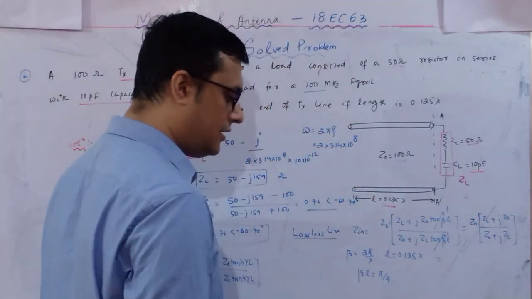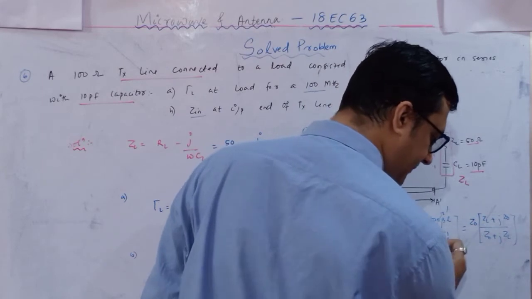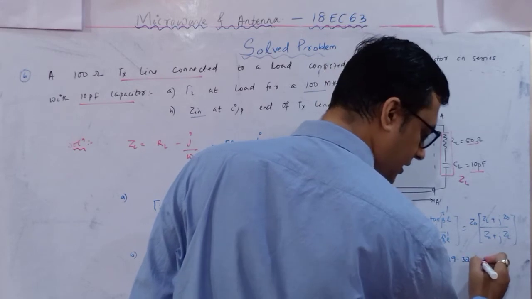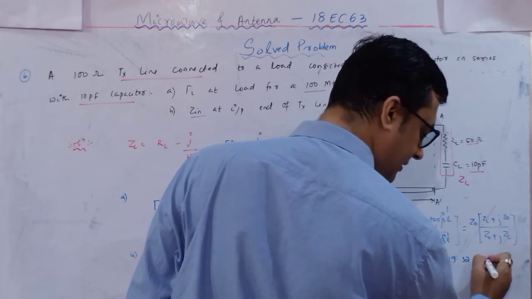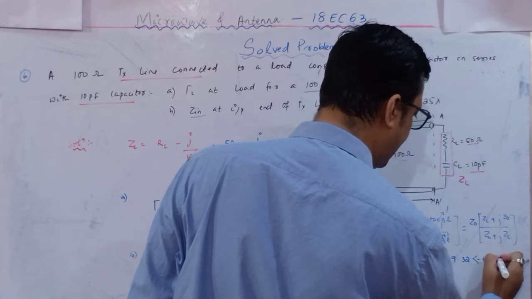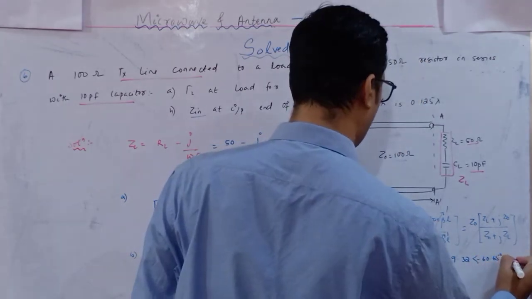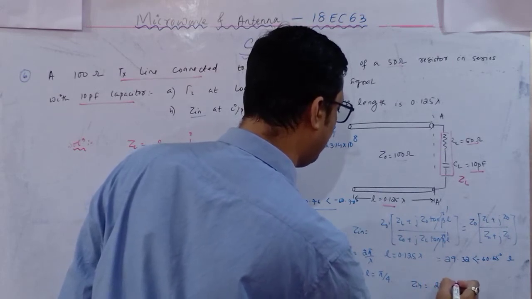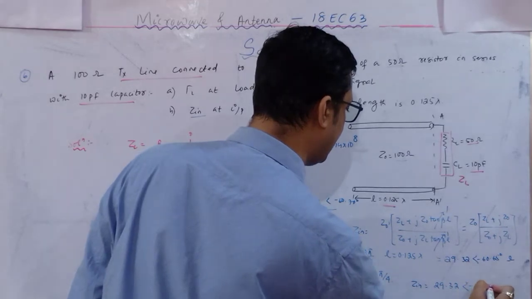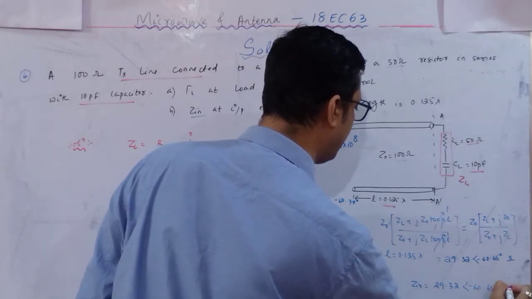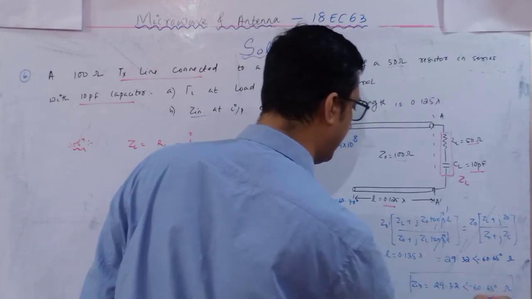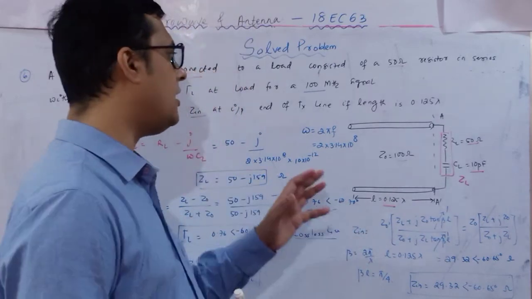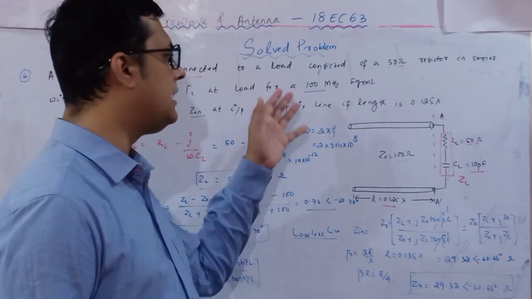After substitution, you will get the input impedance around 29.32 angle minus 60.70, about 0.65 degree ohm. So this is my input impedance. Like this we have to calculate the unknown factors with the help of the given data.